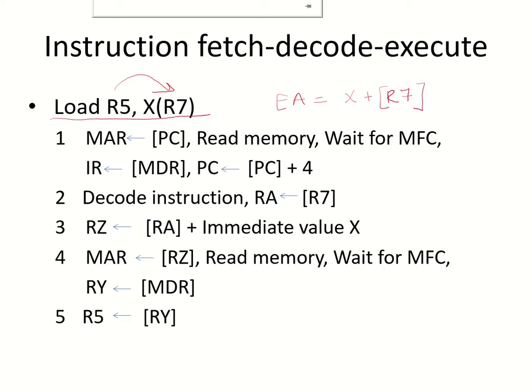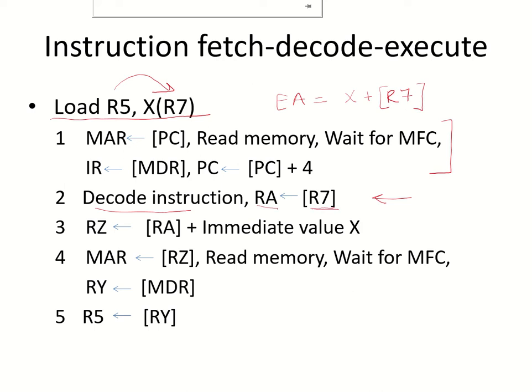As explained in the previous slide, the fetch stage will remain the same. In the second stage, decode will take place. So it is figured out that this is a load instruction. Also the source operands have to be read. The source operand over here is R7.